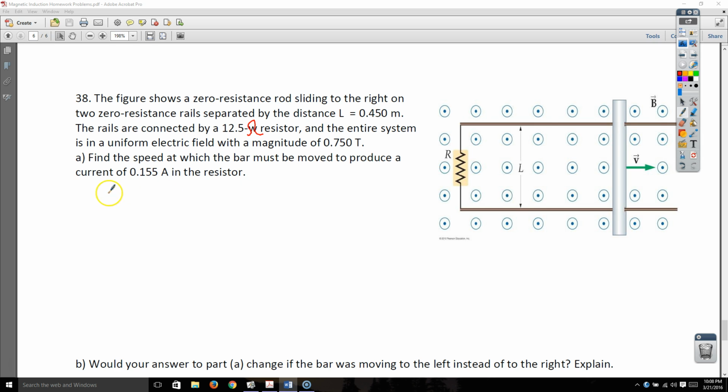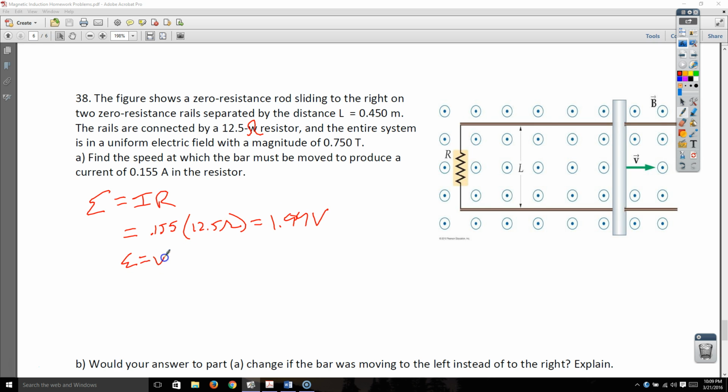To do that, we know that we have EMF is equal to I times R. Our current here that we want is 0.155, and we have 12.5 ohms for our resistance, so we end up with an EMF of 1.94 volts. So now we know what the voltage should be. We can use our equation.